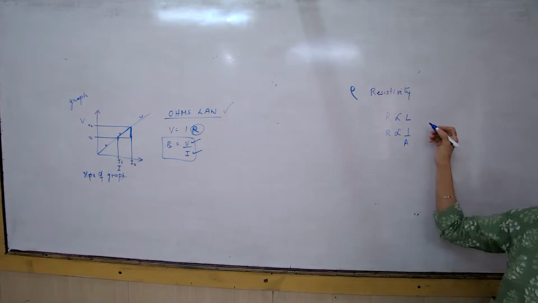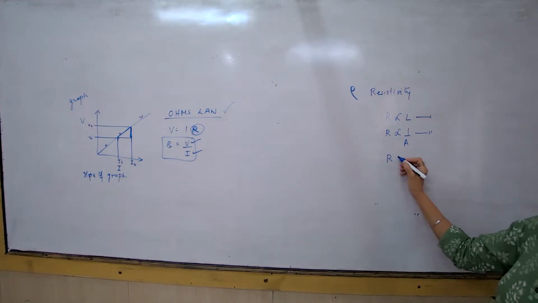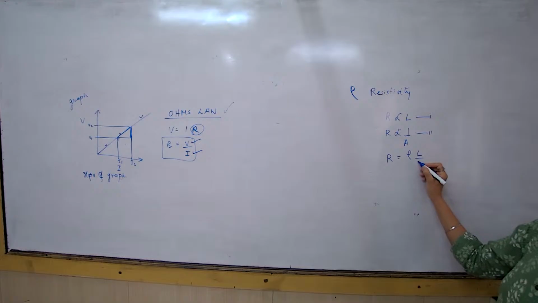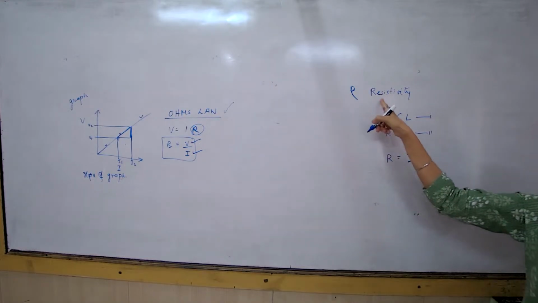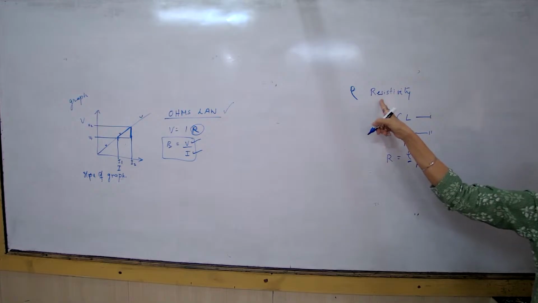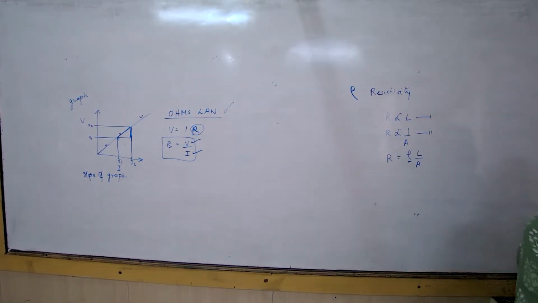Yes, we have seen. So if we are combining these two equations, we get R equal to rho L upon A. What is this? Rho is nothing but the resistivity of the material. Okay, so rho depends upon the type of material that you are using, whether it is silver or gold or whatever it is. It does not depend upon L and A.